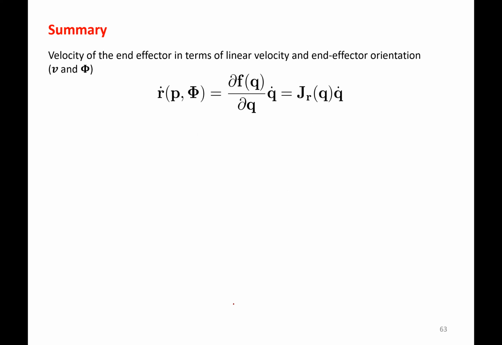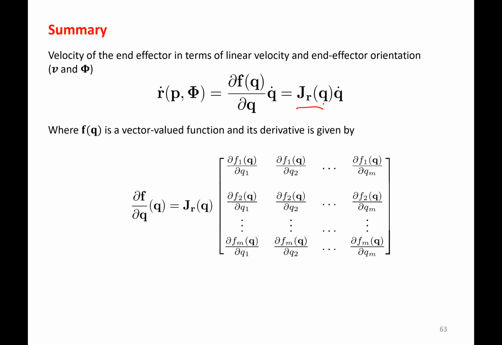Then in the case of the analytical Jacobian, we want to find a mapping from the joint space to the task space made out of the chosen variables of interest in the task space. And what we're going to use for that is the analytical Jacobian. This analytical Jacobian is obtained by deriving directly the direct kinematics function.